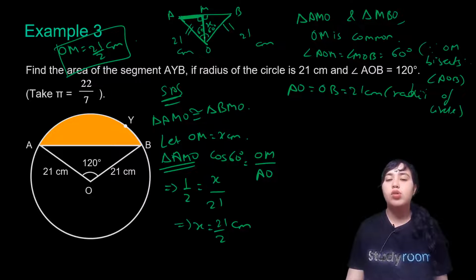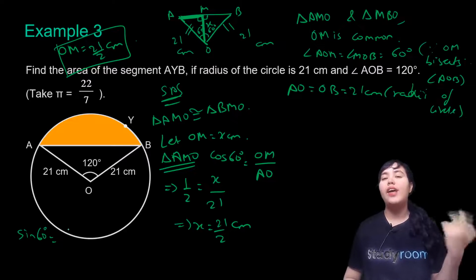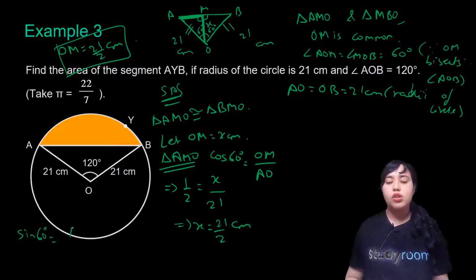Now we'll use this to find AM. We have found the height and we need to find the base. So how will I find AM? I can make use of sine 60 degrees here. Sine 60 degrees will be the perpendicular, or basically the side opposite upon the hypotenuse. Here the side opposite is AM and the hypotenuse is OA. So sine 60 degrees, root 3 by 2, is equal to AM, which we need to find, upon OA, which is 21 centimeters.